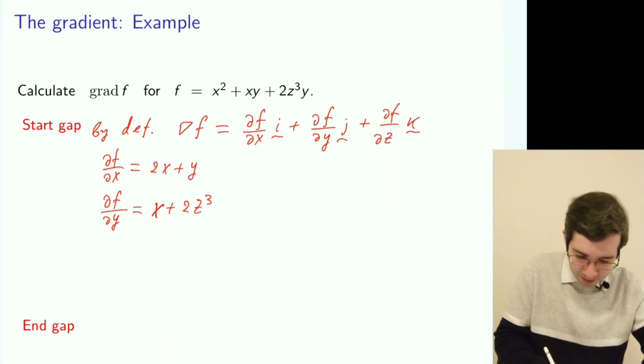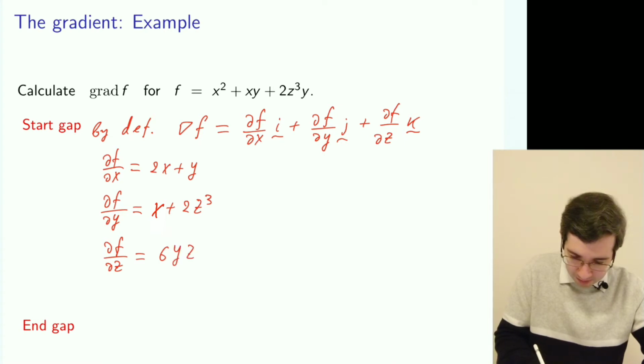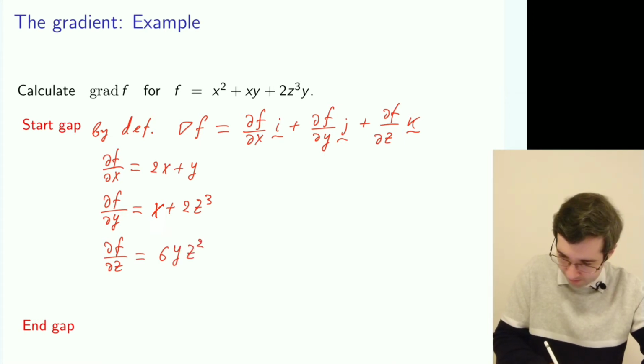And then we take df over dz, which is 6y z squared.